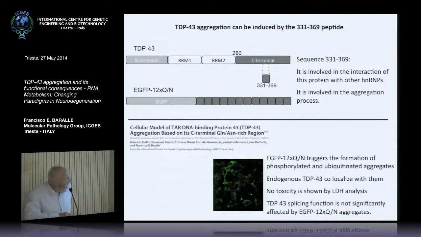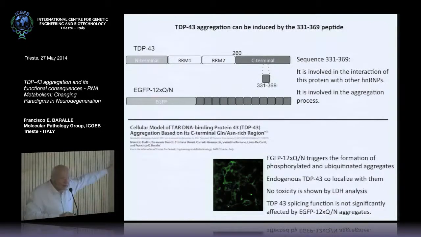in the cell. This aggregation is triggered by what we call, and I will keep calling it during the talk, 12QN, a 12 times repetition of the QN-rich segment. It's triggered by that. They are phosphorylated and ubiquitinated. You can see endogenous TDP-43 colocalizing with them. They are not toxic as far as the LDH assay in cells is concerned, and there is no change in TDP-43 function.